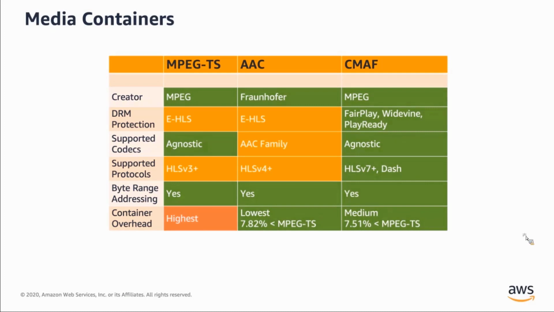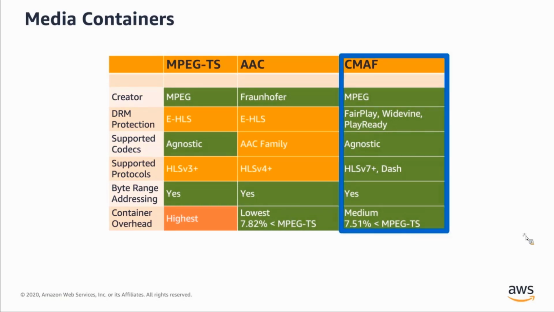And in addition, it also supports modern delivery protocols such as HLS and MPEG-DASH. Now, CMAF is also very bandwidth efficient, similar to AAC, but it's not completely as efficient as AAC. Now, since CMAF checked all of the boxes, we went into this thinking that CMAF was going to be the format we would launch with.